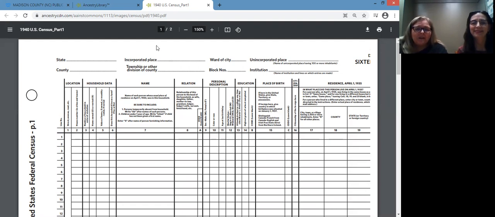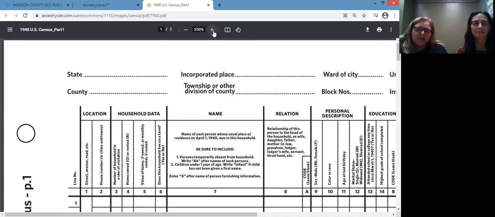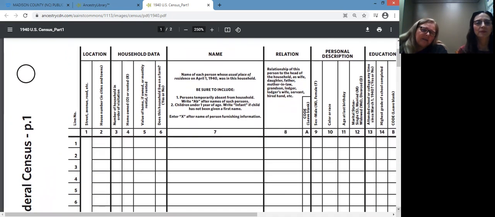All right, so we are going to explore a little more about this 1940 census. So to begin with, it will say the location. It lists street, road, etc. The house number, number of household, order of visitation.